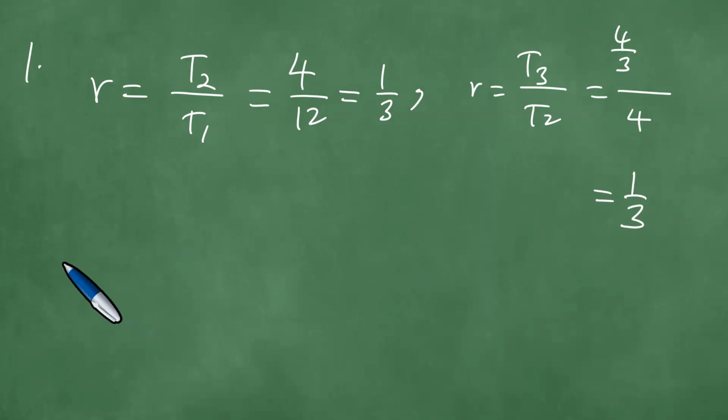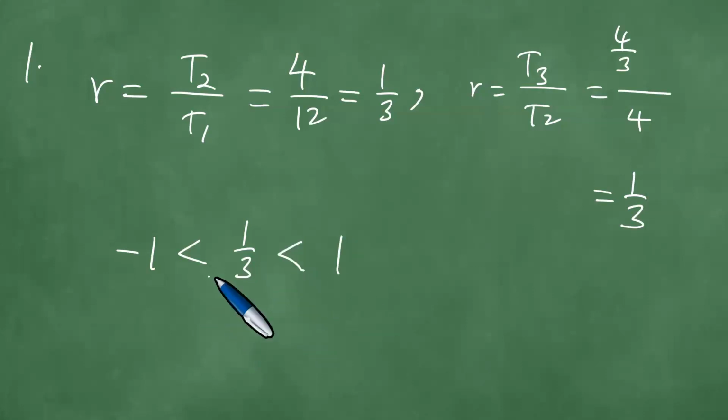And because of this, we're able to make the following deduction. Minus 1 is less than 1/3, which is less than 1. Which means that this ratio lies between minus 1 and 1.